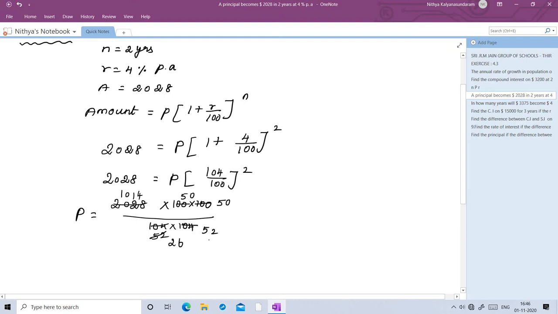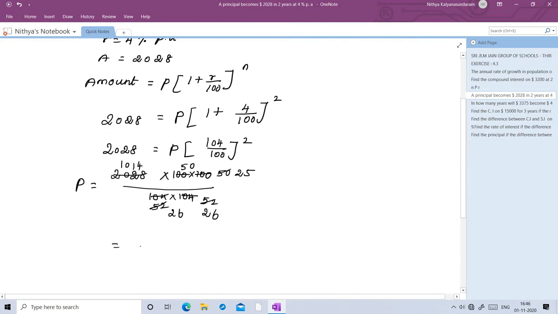Again cancel in 2 table, 2 2s are 4, balance is 1, 6 2s are 12, 2 2s are 4, 25. So multiply: 1014 into 50 into 25 divided by 26 into 26.